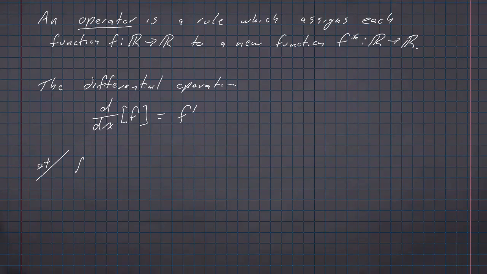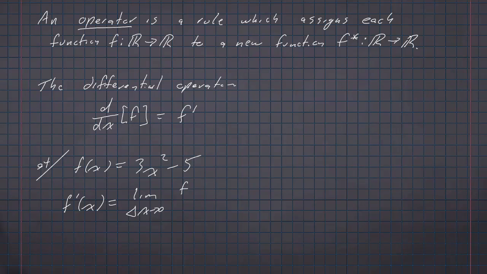As an example, if I have the function f of x equals 3x squared minus 5, then f prime of x is the limit as delta x goes to 0 of f of x plus delta x minus f of x all over delta x.